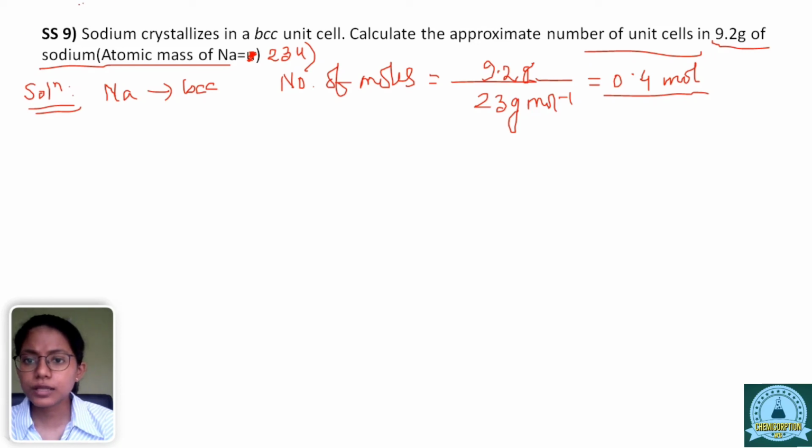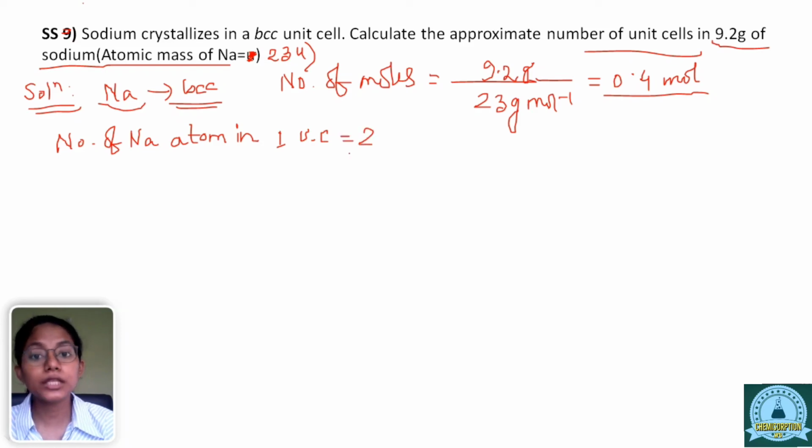Now, since sodium occupies a BCC structure, the number of sodium atoms in one unit cell, since it is BCC, would be 2.